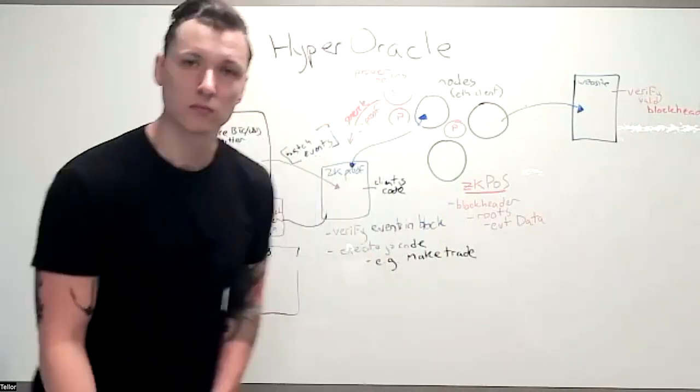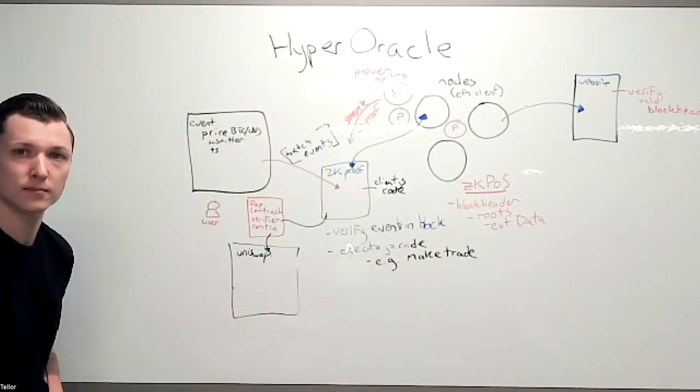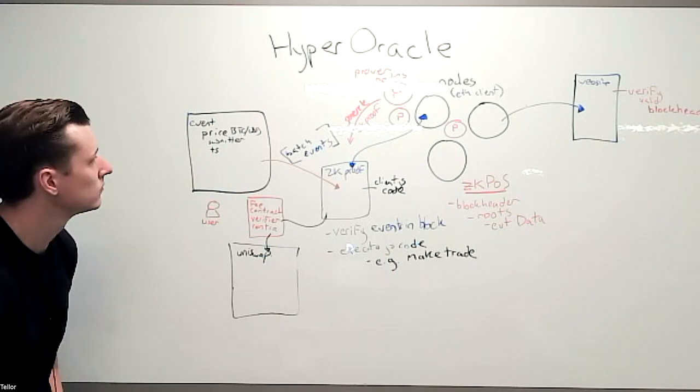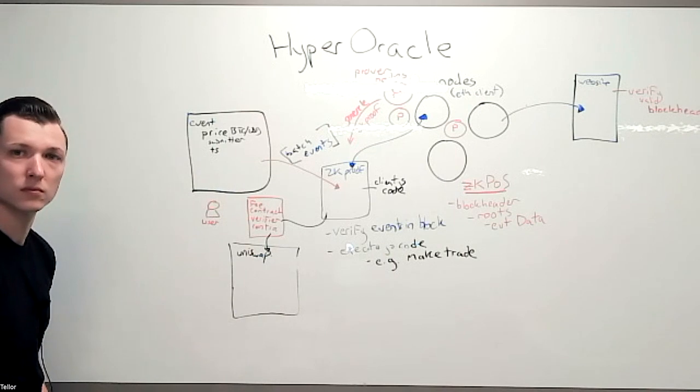So this verification actually just needs to happen at the end user, in the website or in the on-chain smart contract of the automation.